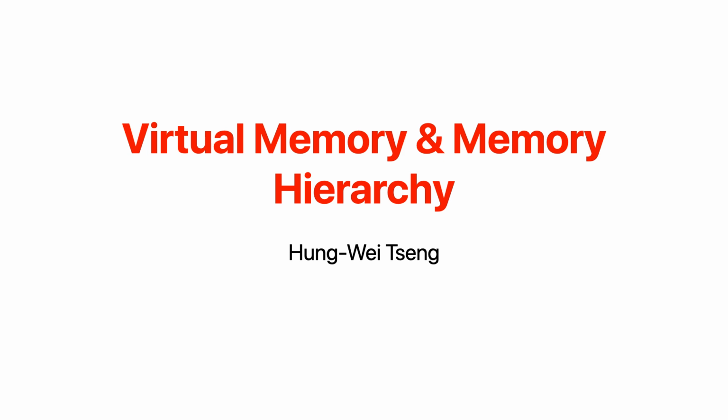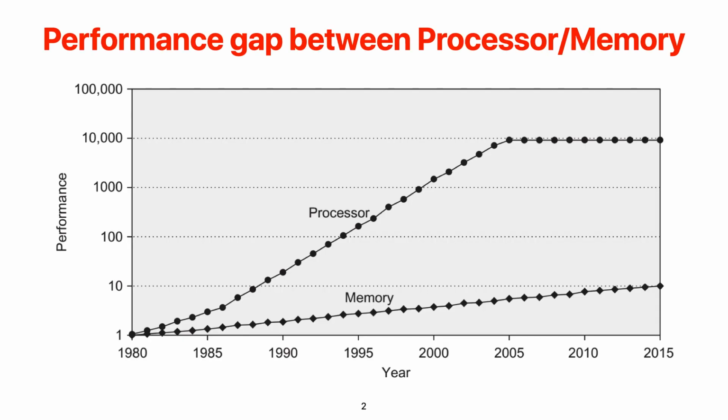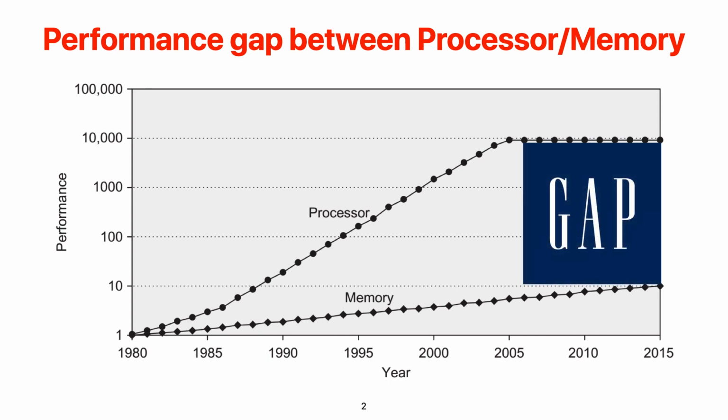Through the topic today, you are going to understand how this works with our computers to make your program run smoothly. But before we talk about that, it's always good that we remind ourselves where we are. Previously we talked about performance, and in terms of performance, every component in von Neumann architecture is important.